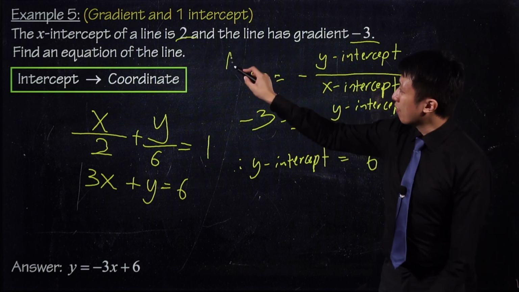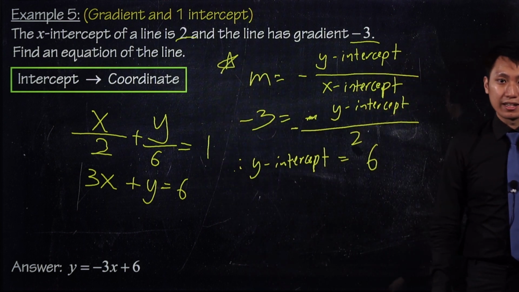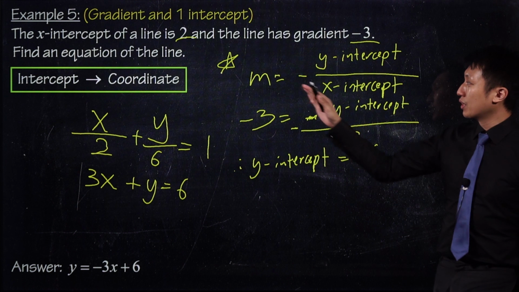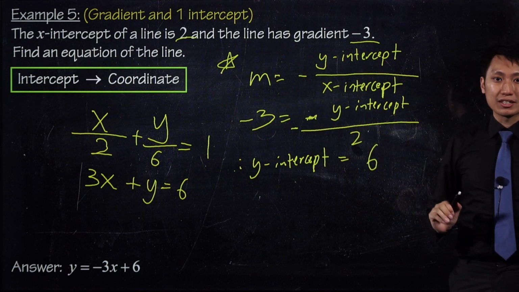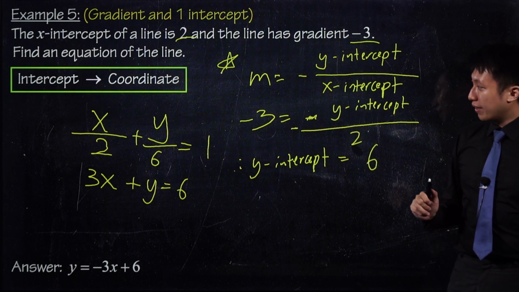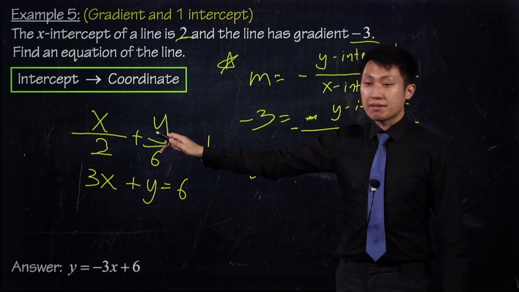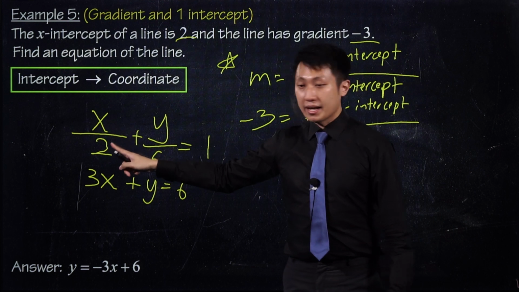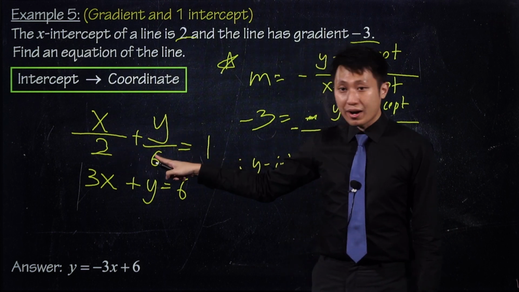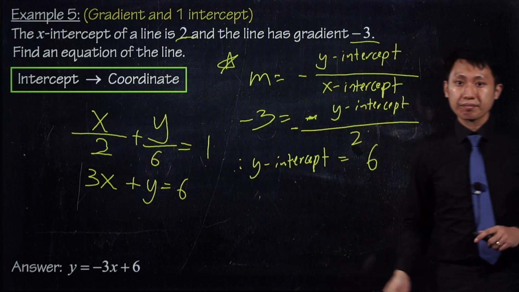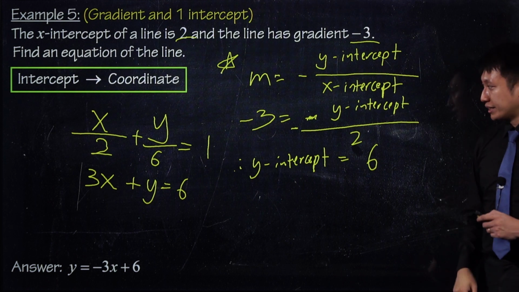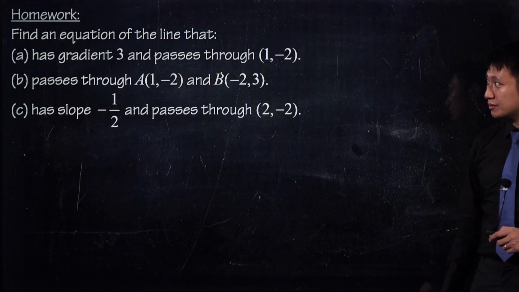This is one of the simplest formulas that you can use as a shortcut. If you remember this, some of the questions will be very easy to solve. You need to remember x divided by x-intercept plus y divided by y-intercept is equal to 1. Okay, I assume you have no problem, so let's move on.